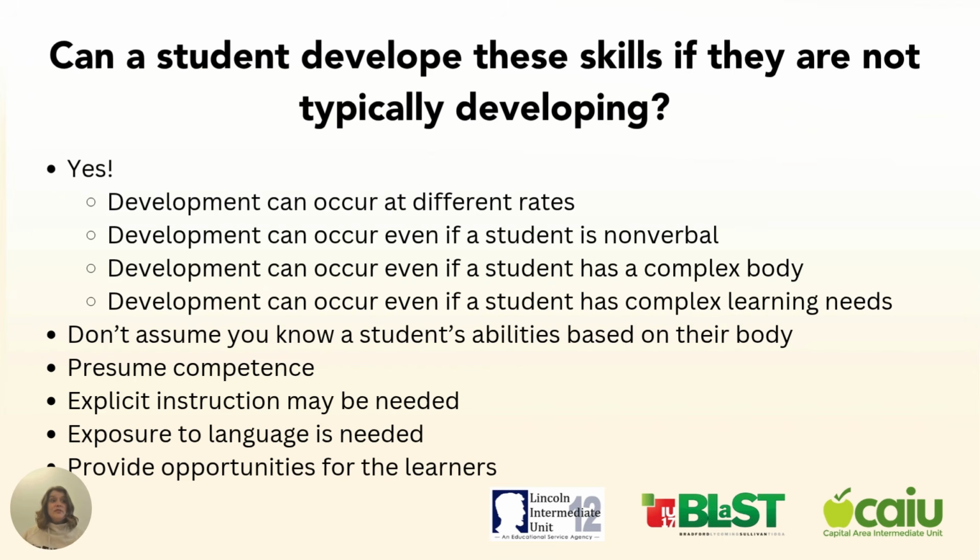Again, some of our students can't write with their hand because they have complex bodies. They might not speak. They might not be able to interact with books the same way that we interact with books because they can't hold them up. All of those different things, right? But that doesn't mean that they can't develop the ability to read or the ability to formulate messages in some kind of written form.